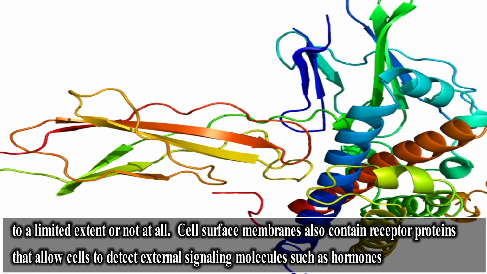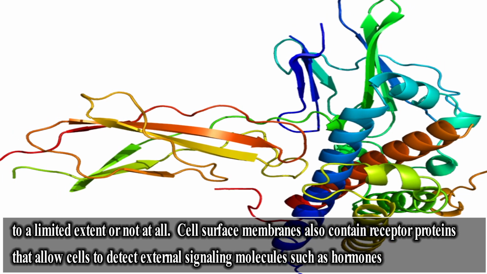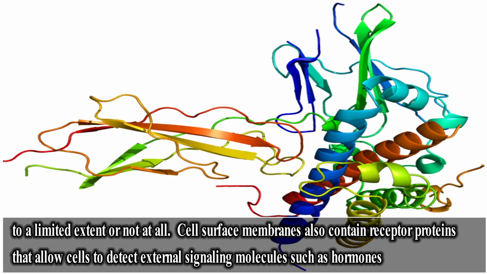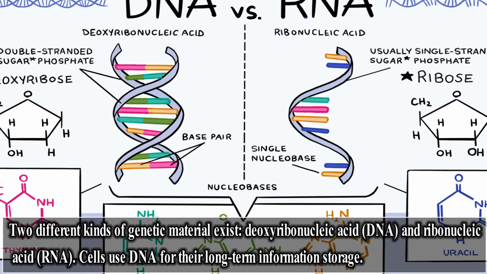The cell surface membranes also contain receptor proteins that allow cells to detect external signaling molecules such as hormones.